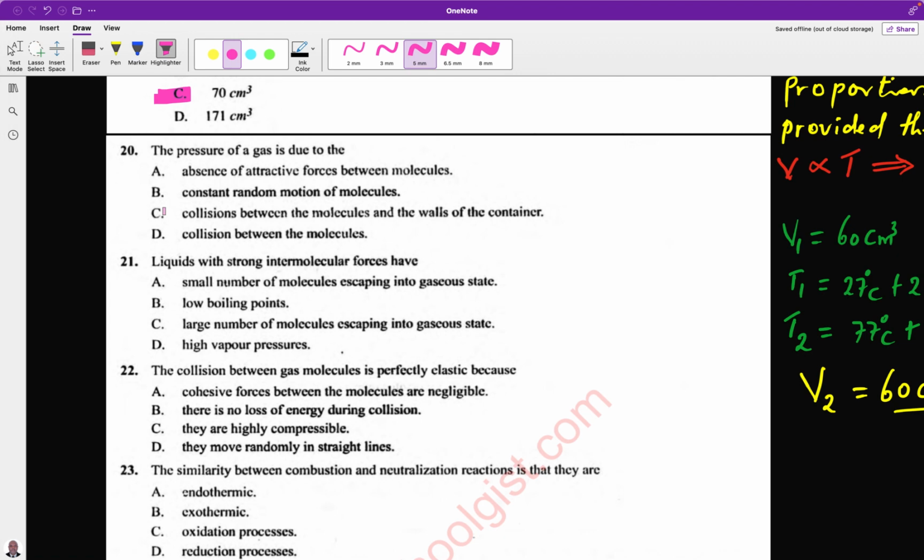So when there is collision between the particles and the walls of the container, the pressure increases. So collision between the molecules and the walls of the container is what determines the pressure of a gas. Our answer for 20 is C.